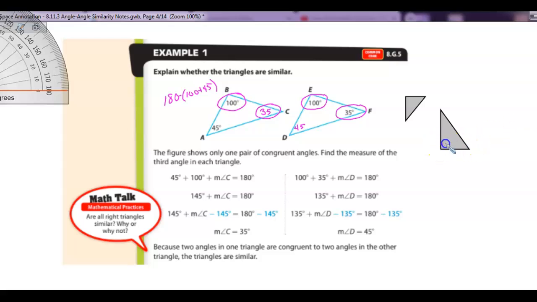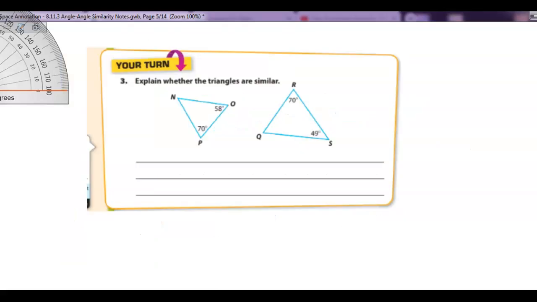We know for sure that they have a 90-degree angle because it's a right triangle, right? But do I know for sure that these angles are always going to be the same? No. Remember, it has to have a minimum of two angles being congruent for it to be similar. And if they're not, then even a right triangle could be not similar. It may look similar, but it isn't.